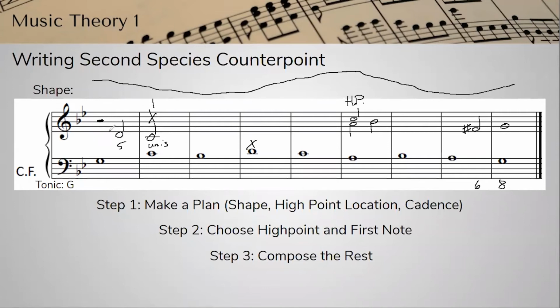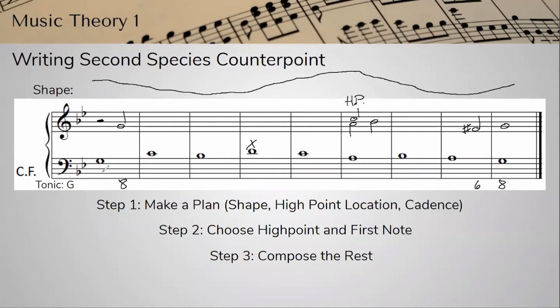So if we wanted to move in the downward direction and start on that D, that's probably going to be pretty much impossible. So we can't use a fifth either. That's not a good idea. So why don't we use the note G, which is an octave above our starting note, G. So that's probably the only starting note we can really start with.